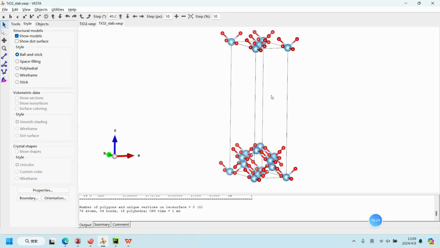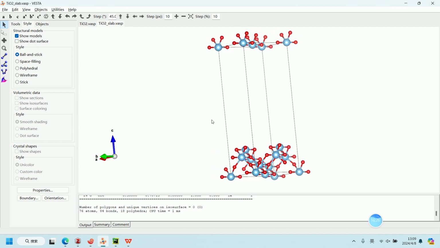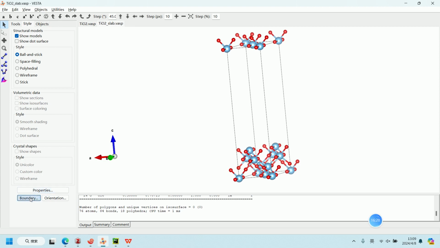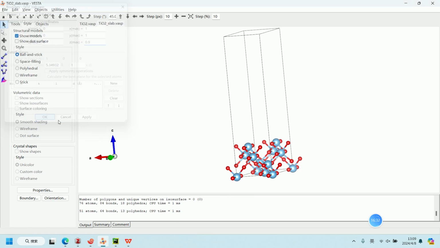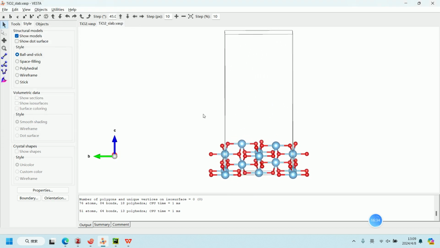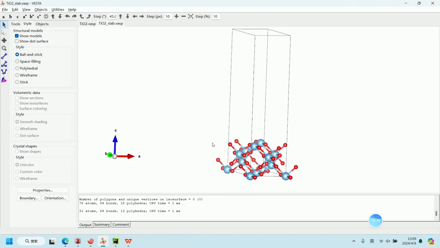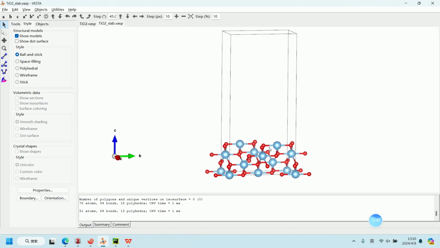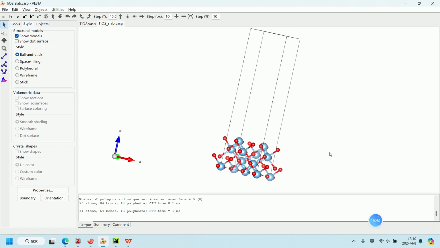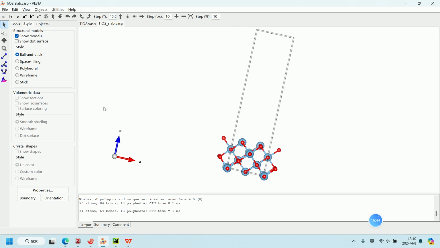Okay, this is not that clear. But we have already successfully constructed the 110 slab for the structure of anatase, right? Thank you.